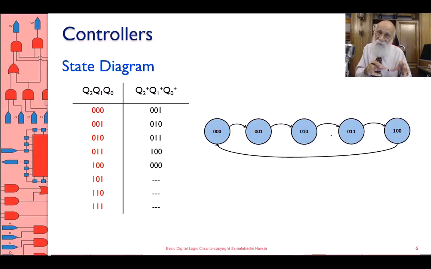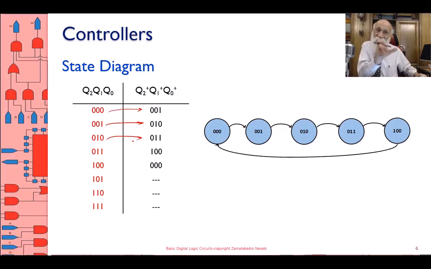I'm giving this a different flavor now. See, this is my table. I go from this state to this state, from 001 to this state, from 010 to this state.